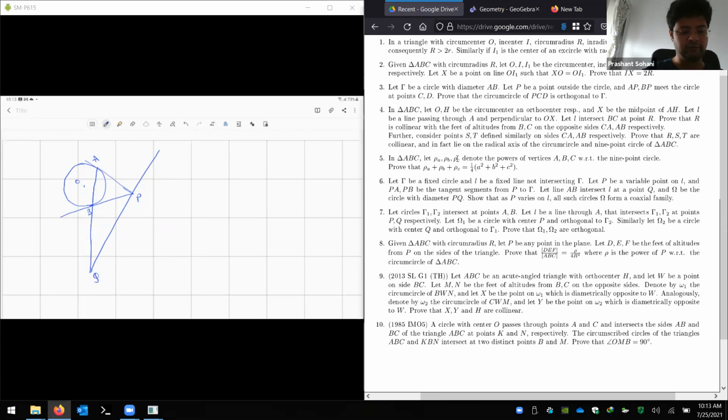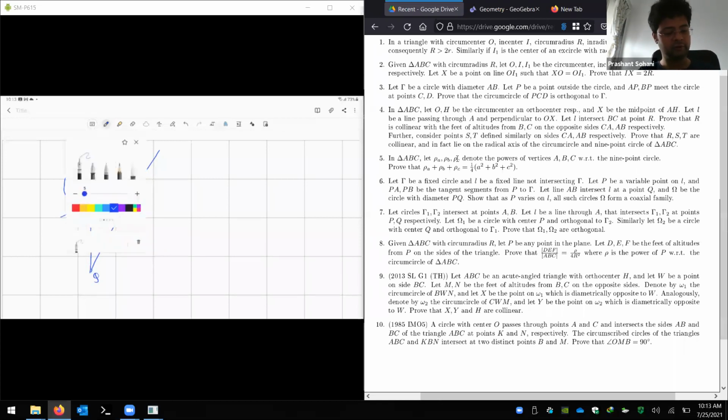So here itself, intuitively, do you see that as P moves to various positions, Q will also shift, because if P moves more above and to the right, Q will also shift. So P and Q are both moving, but while they are moving, my claim is they are all part of a coaxial family. Whenever you say coaxial family, there are two kinds of families we know.